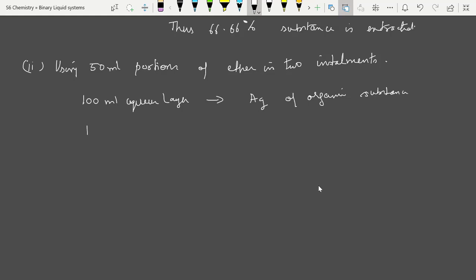And you are provided with 100 ml of ether for extraction of this organic substance into the ether layer. But you are not using 100 ml of ether in one lot.